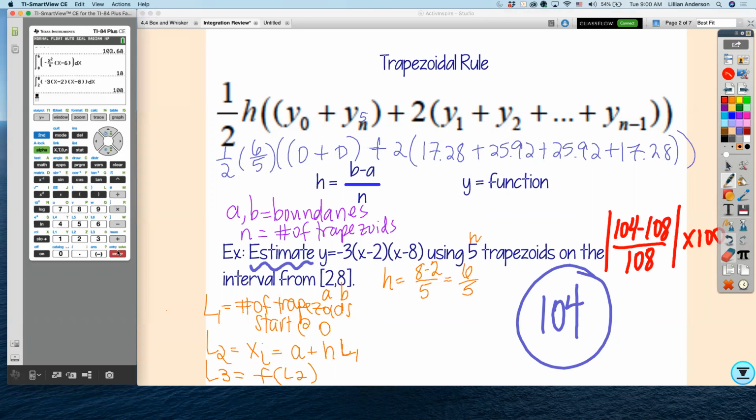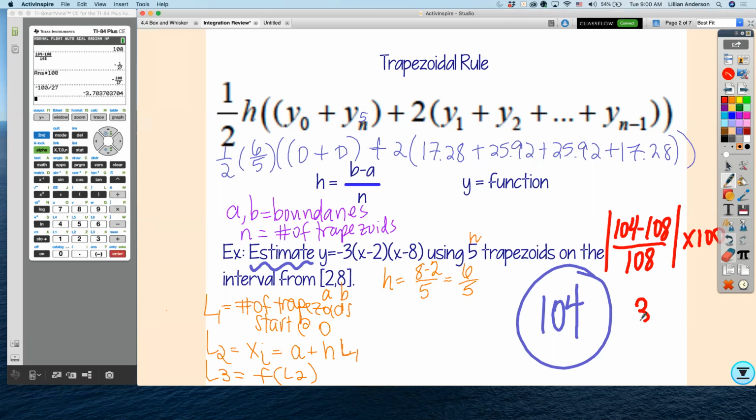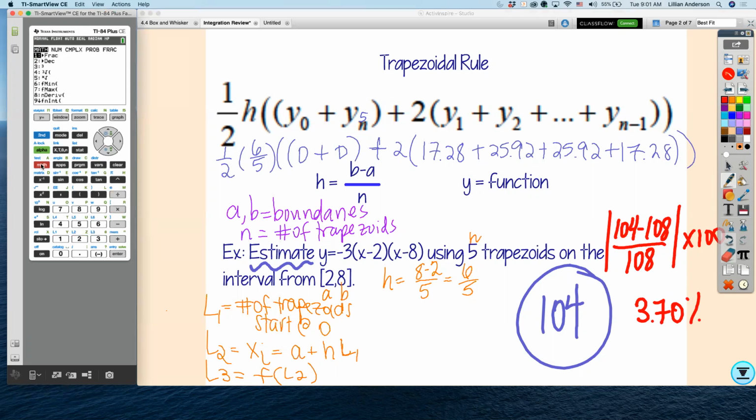So if you did 104 minus 108 divided by 108, that should be a negative number, so when you write your answer, it'll just be a positive 3.70 for your percentage error. Absolute value bars are located under math, number, ABS. So math, number, ABS.